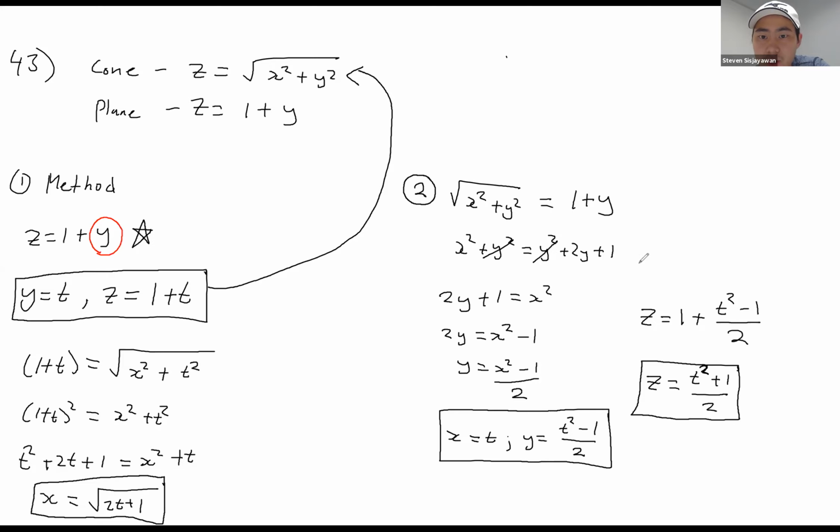Using the second approach, we get that x is equal to t, while using the first approach, we get x is equal to the square root of 2t plus 1. But if I were to graph it out, if I were to show you using GeoGebra, let me see if I can show you.